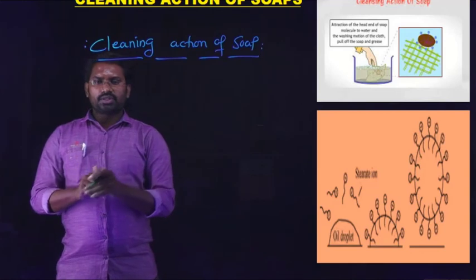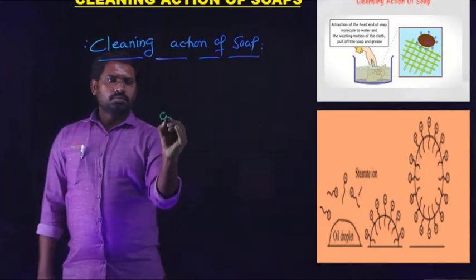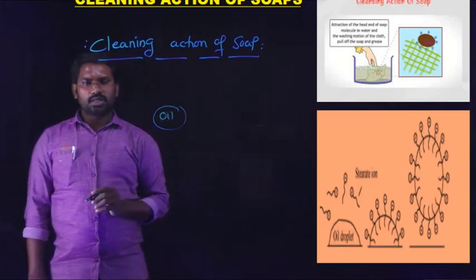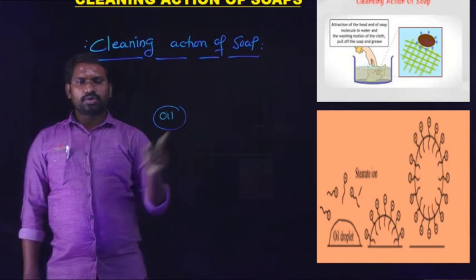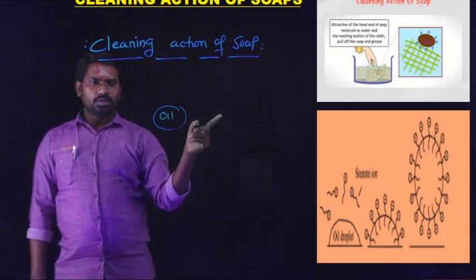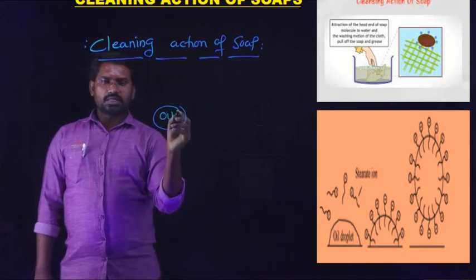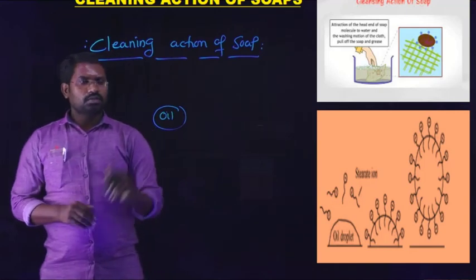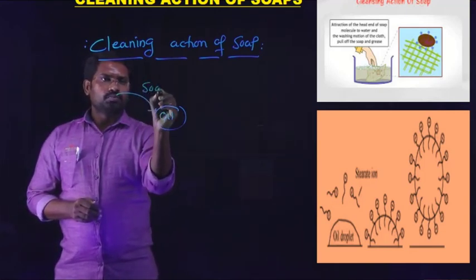When we are washing the clothes, some oil droplets or grease droplets are present on the cloth, like the image. Once you look into the image, you can clearly see the oil droplets or grease droplets present on the surface of the cloth when we are adding soap.